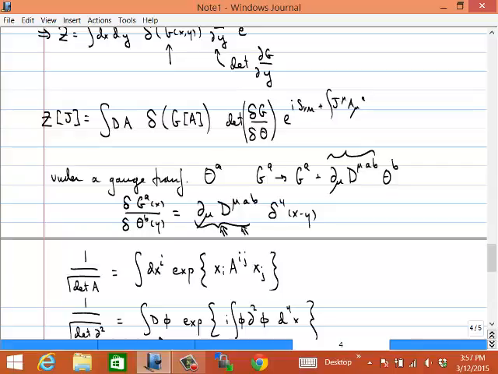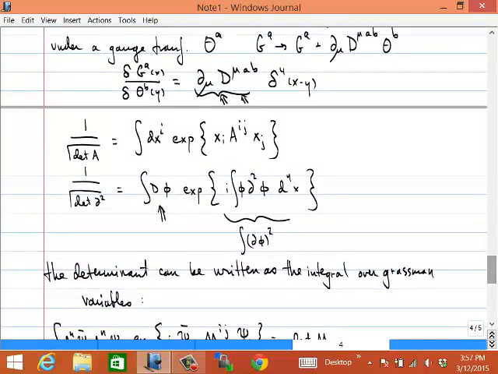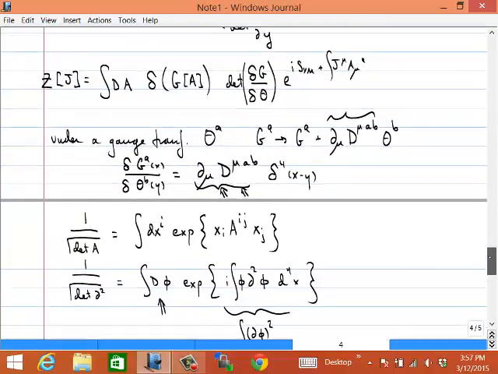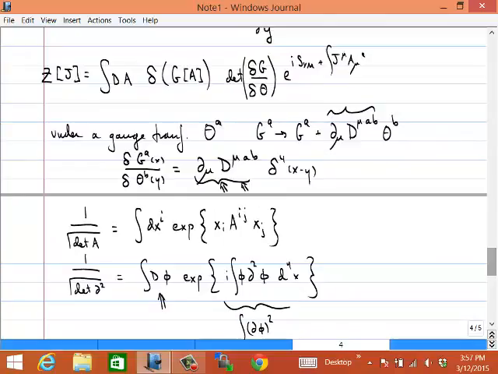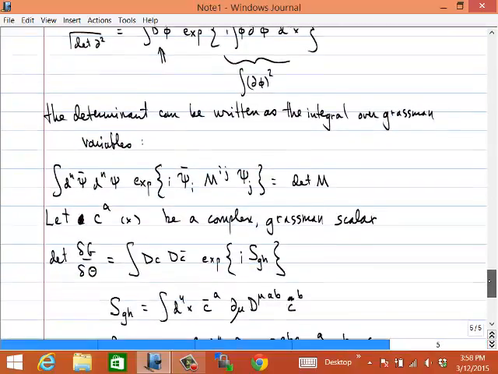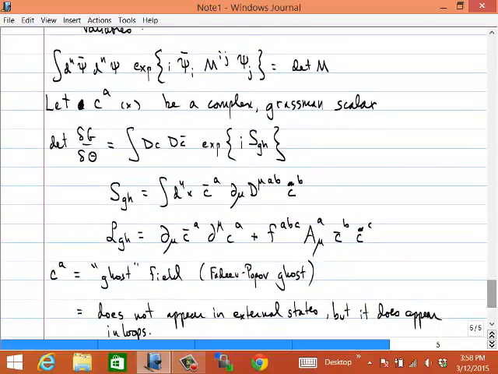Okay. Maybe I'll make one comment, which is that if we were studying electromagnetism rather than Yang-Mills theory, I could say everything that I've said so far. And I could still introduce a ghost field c in order to implement my gauge fixing.